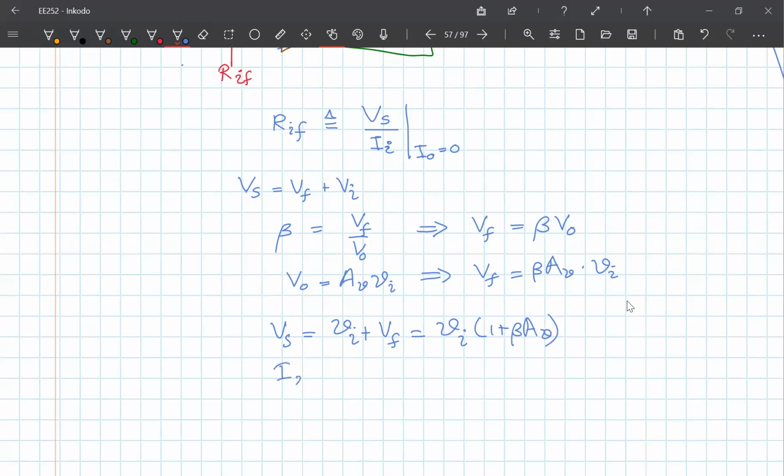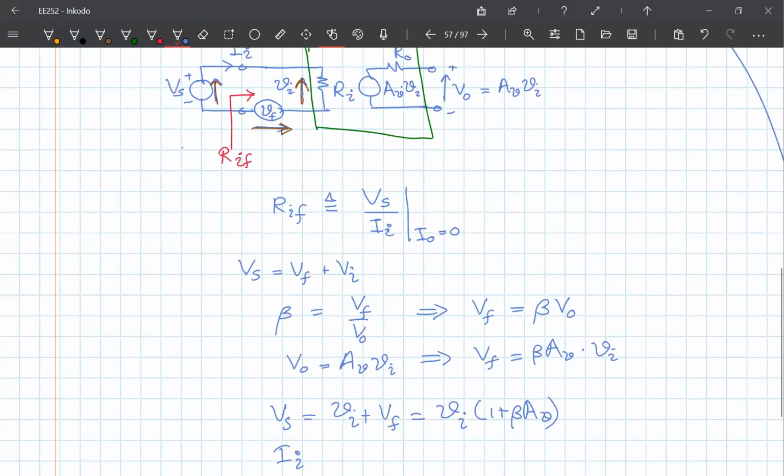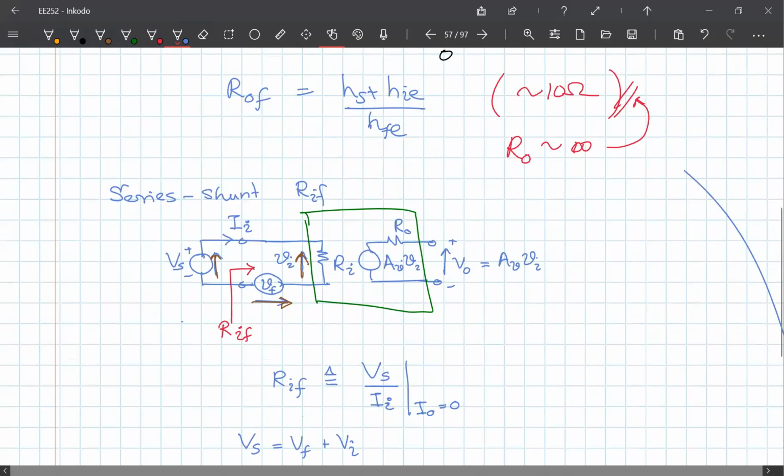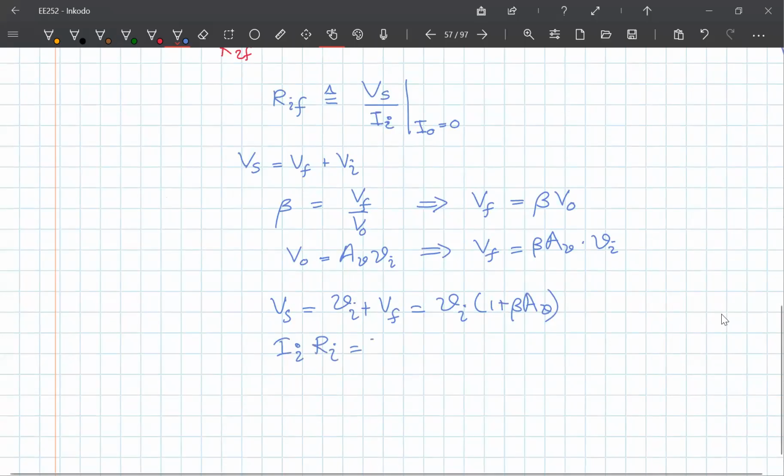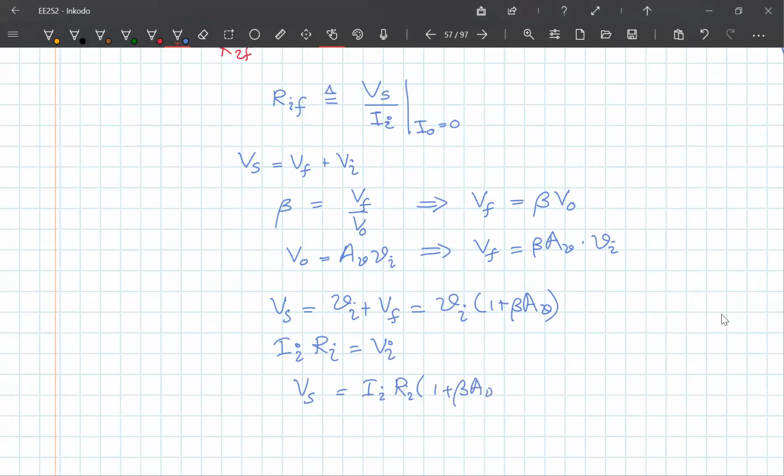Similarly, I times Ri is equal to Vi. So I'm going to substitute Vi with that. So Vs is equal to Ri times I times 1 plus beta Av.